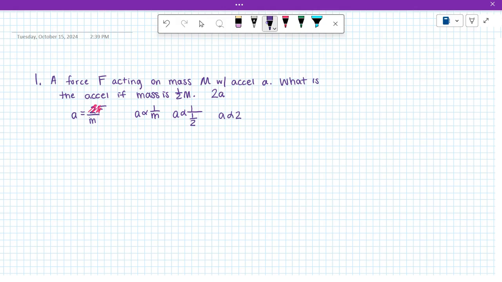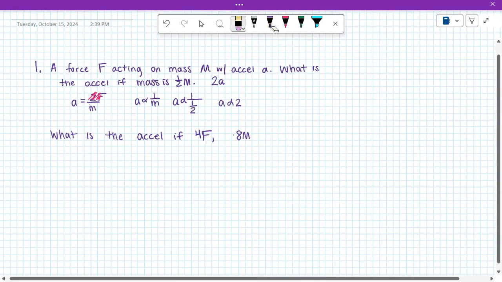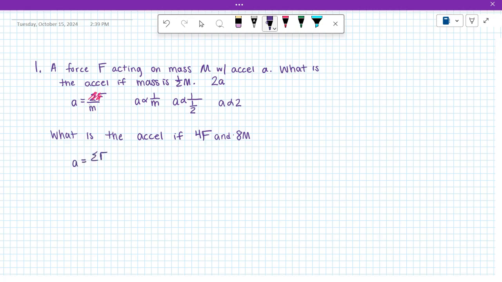But what if we have a combination one? What is the acceleration if there is 4F, 4 times the force applied, and 8 times the mass? I start with the equation: a is equal to net force over m.